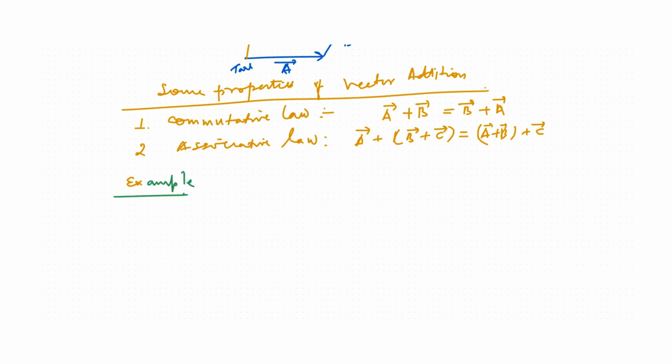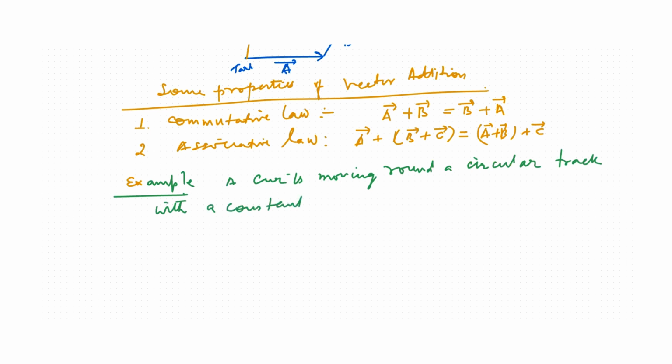A car is moving round a circular track with a constant speed v of 20 meter per second. Okay. Let's write as shown in figure. I will draw the figure.